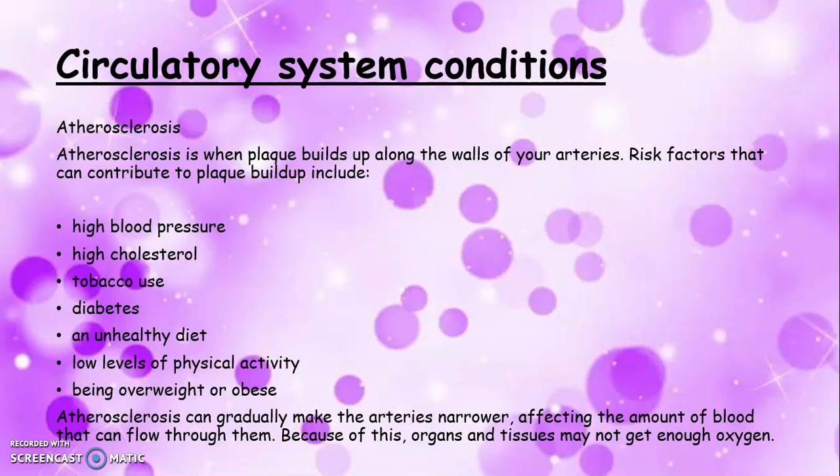Atherosclerosis can gradually make the arteries narrower, affecting the amount of blood that can flow through them. Because of this, organs and tissues may not get enough oxygen.